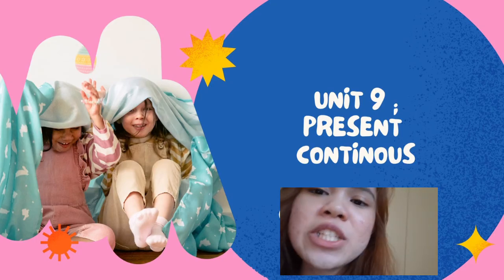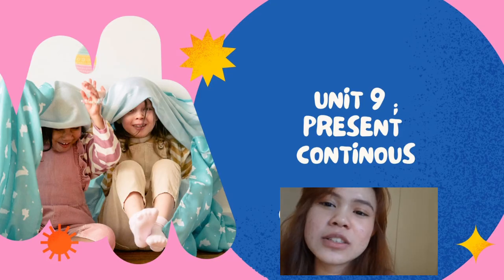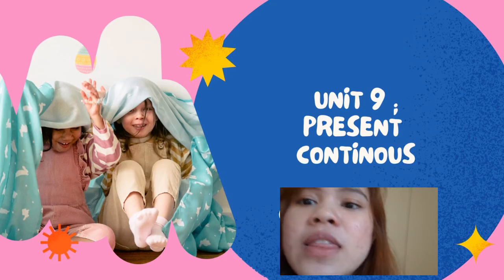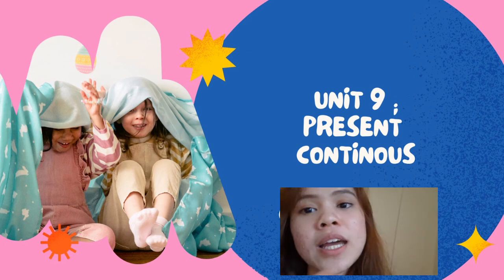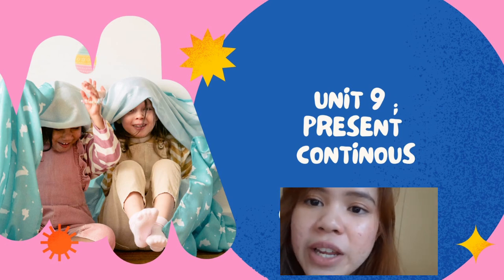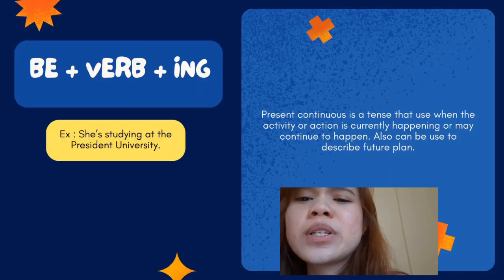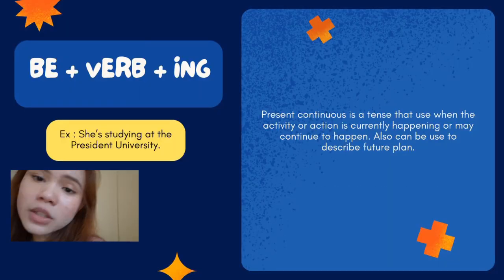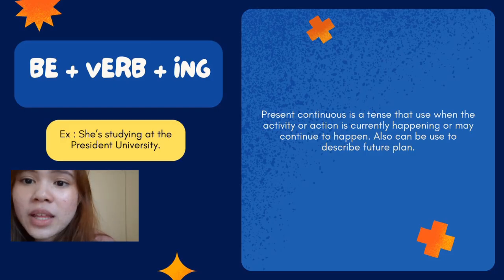Next material, I will explain about the present continuous tense. This tense is very important to express actions happening right now or future plans. Let's begin. What is present continuous tense? Present continuous tense is used to describe actions that are happening right now or ongoing.